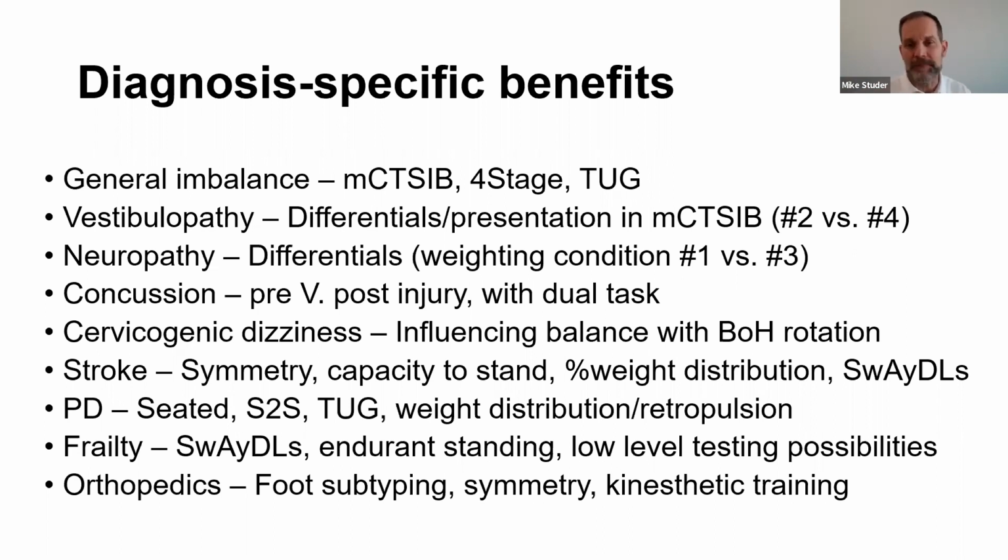We can measure that. How about low-level testing possibilities in sitting with compliant surfaces or firm surfaces, eyes open, eyes closed? We can do a full CTSIB with you seated.